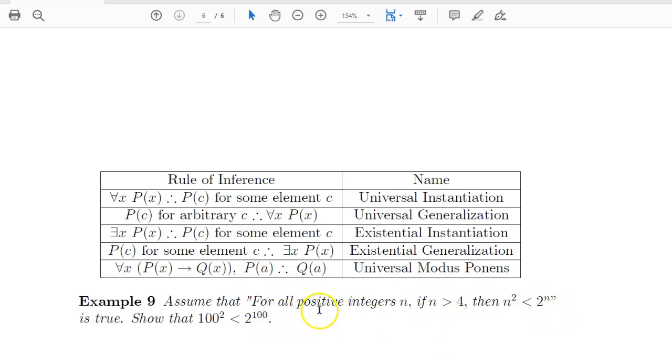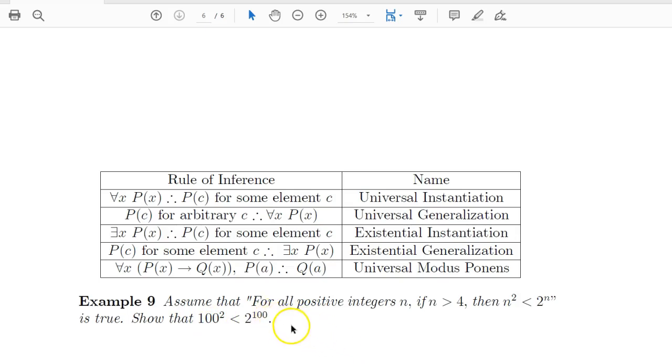For all positive integers n, if n is greater than 4, then n squared is less than 2 to the power n. Show that 100 squared is less than 2 to the power 100.